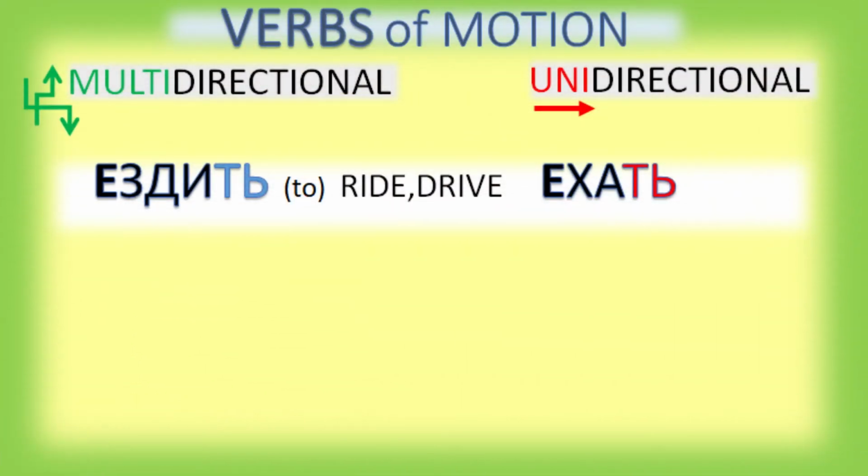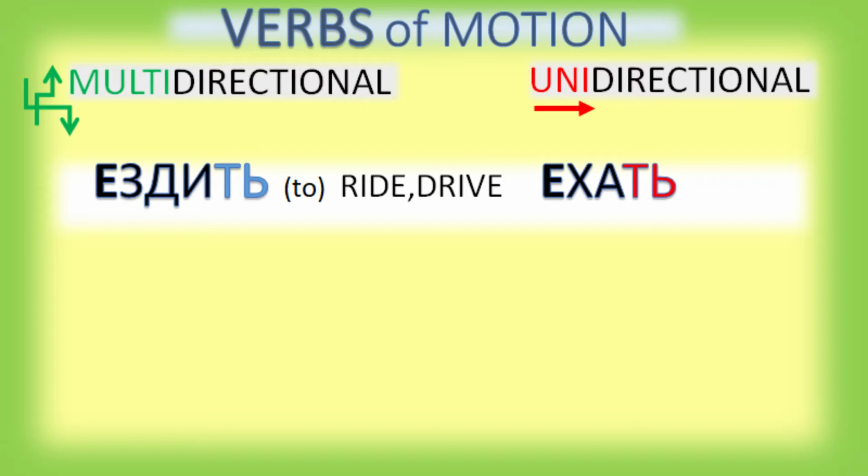Verbs of motion have two infinitive forms, multidirectional and unidirectional. For example, to ride or to drive in the multidirectional form is Ездить, and the unidirectional form is ехать. The multidirectional verbs describe motion with more than one destination and random motion.